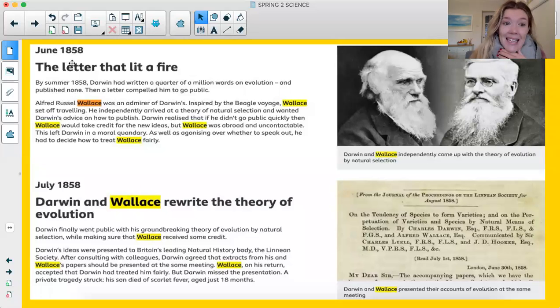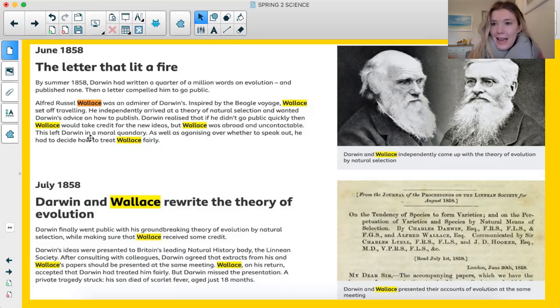So this is 1858. Wallace was an admirer of Darwin's, was inspired and set off travelling. Darwin realised that if he didn't go public quickly with his ideas, then Wallace might take credit for all of the new ideas. But Wallace was abroad and uncontactable, out on his expeditions and exploring.